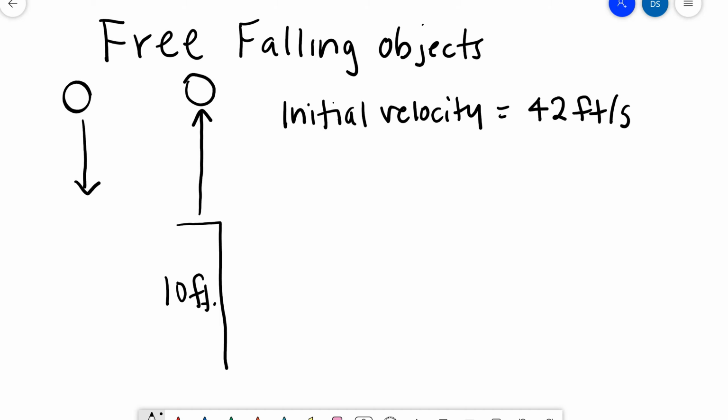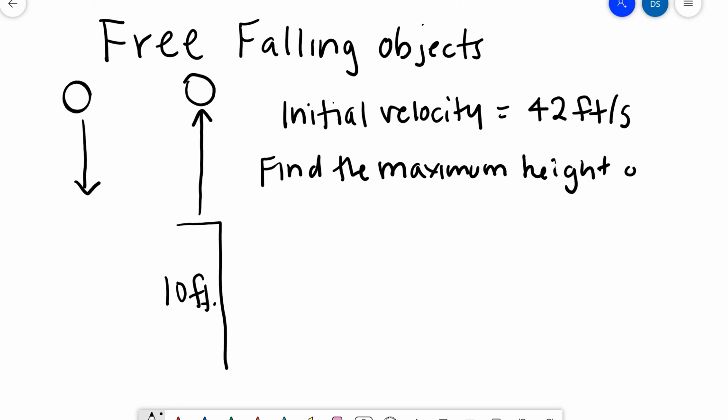Okay, and what we're going to do is find the maximum height of the object. Okay, so what we need here is an equation.